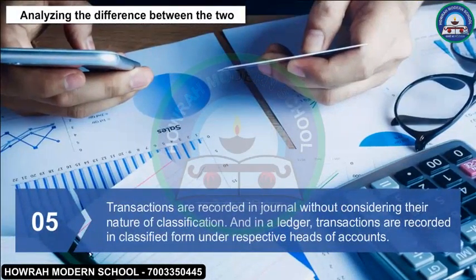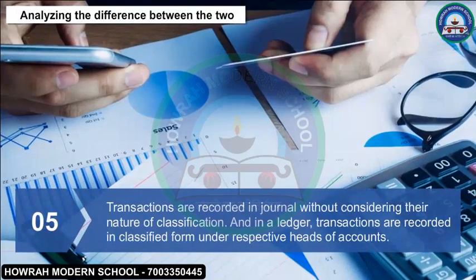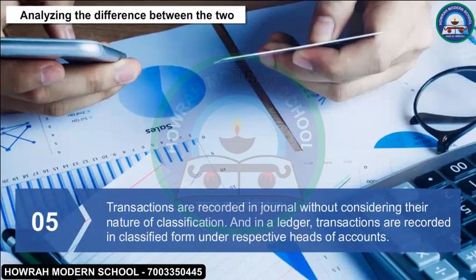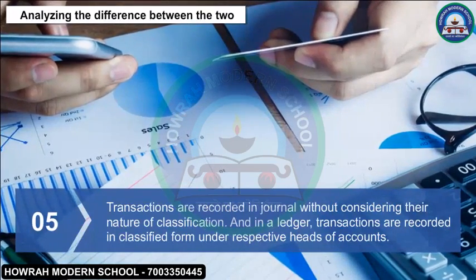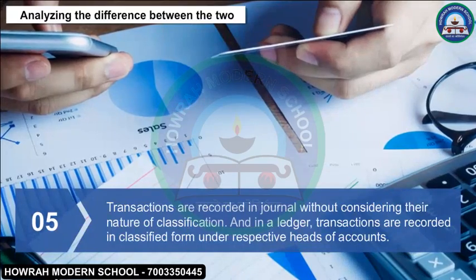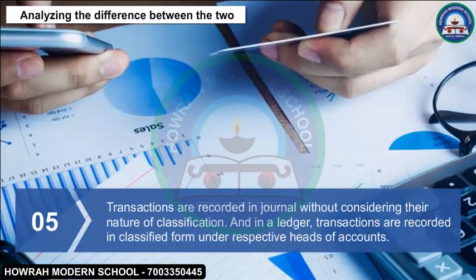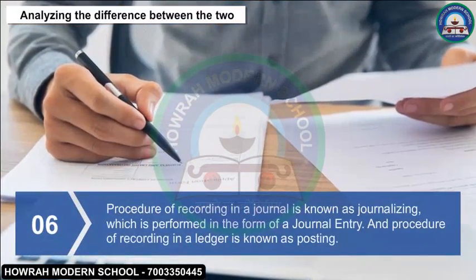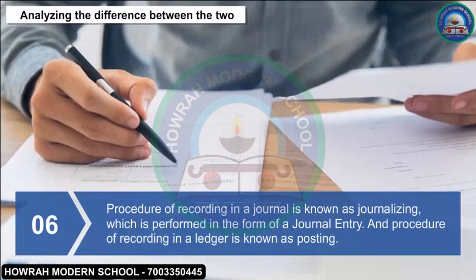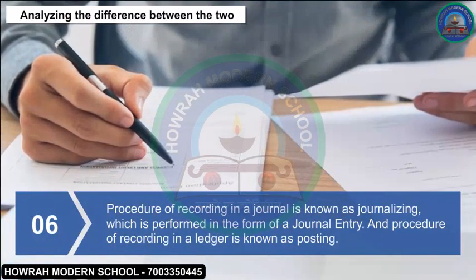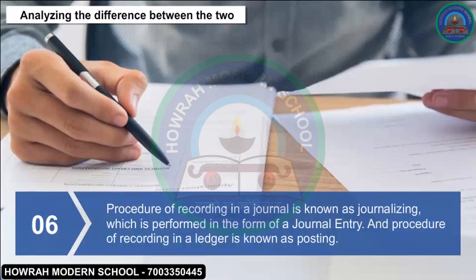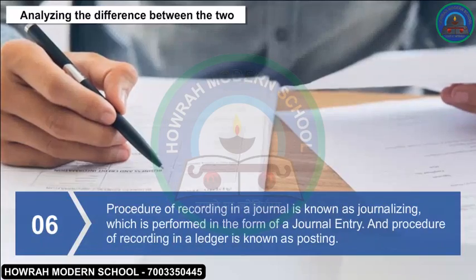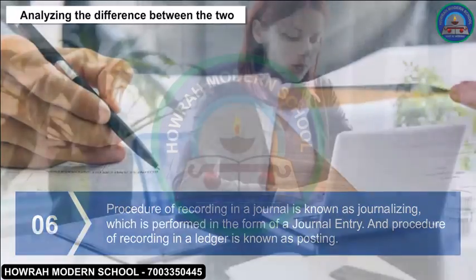5. Transactions are recorded in a journal without considering their nature or classification. And in a ledger, transactions are recorded in classified form under respective heads of accounts. 6. The procedure of recording in a journal is known as journalizing, which is performed in the form of a journal entry, and the procedure of recording in a ledger is known as posting. 7.